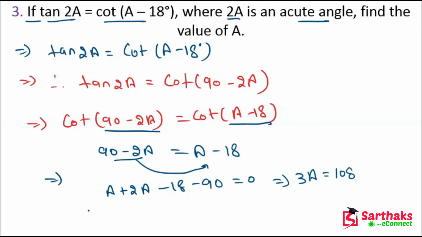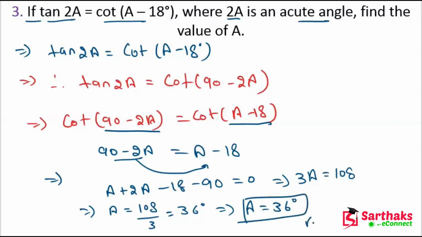If we divide 108 by 3, we get 36 degrees. So a is equal to 36 degrees. This is our answer. I hope you got this point. Now let's move on.